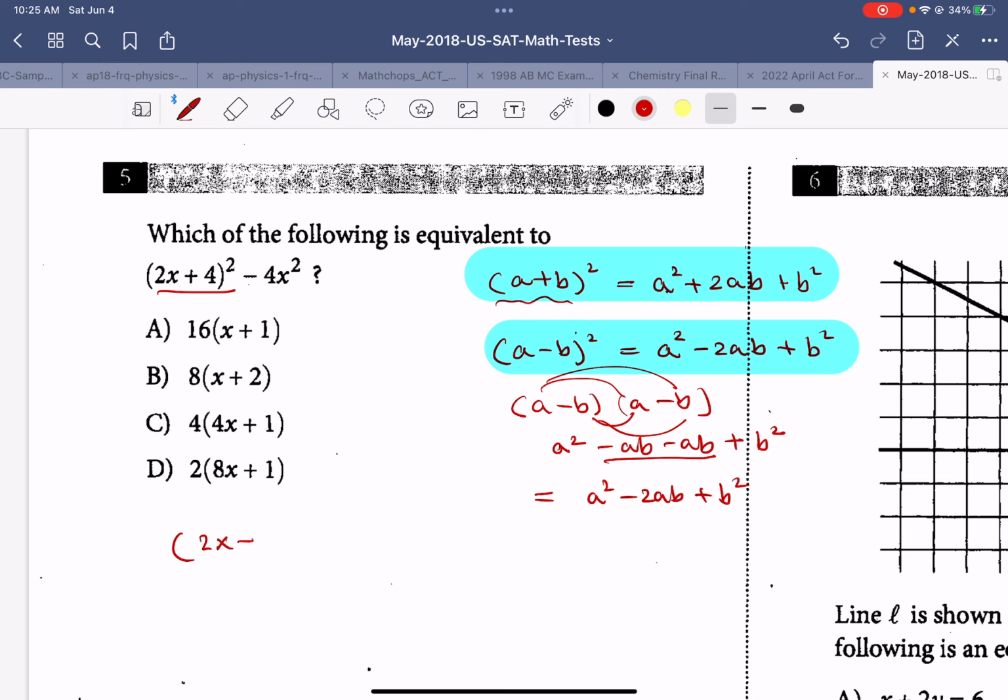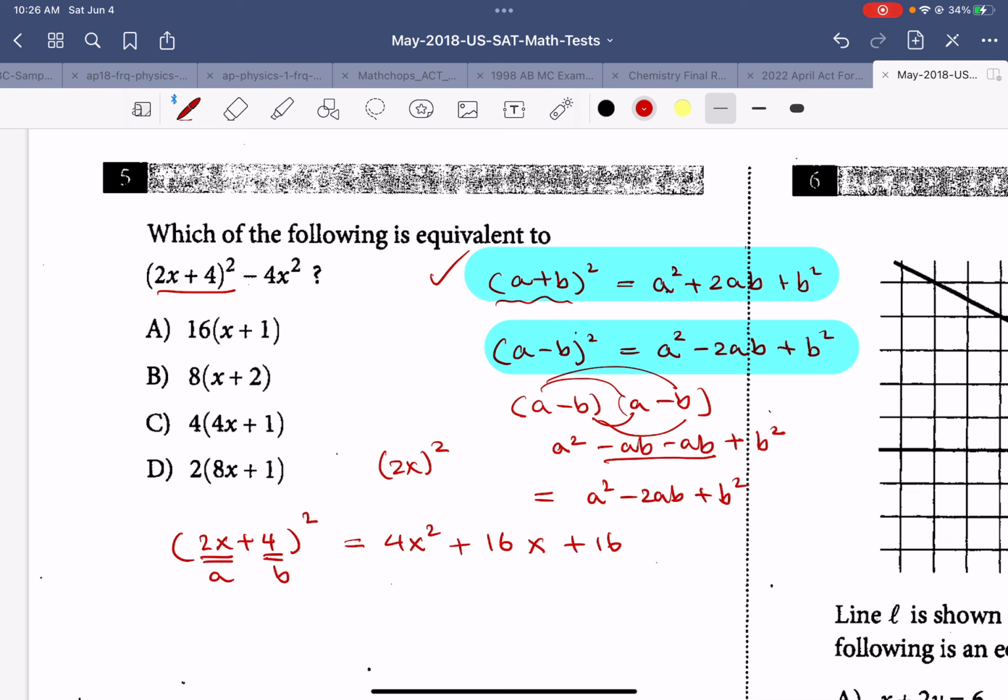So (2x plus 4) squared. This term is like a. This one is like b. If you use that first formula, a squared, 2x squared, so 2x times 2x, 4x squared, plus 2 times ab. So 2 times 2x times 4, which is 16x, plus b squared, so 4 squared should be 16.